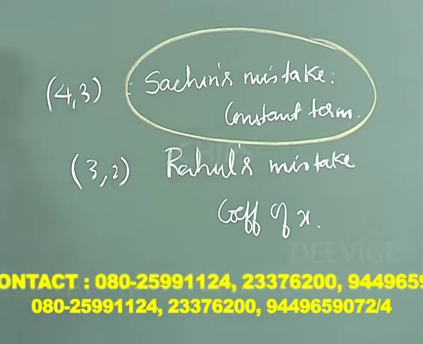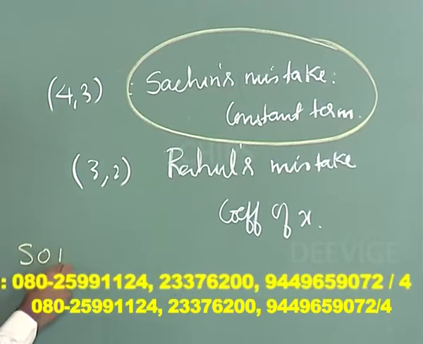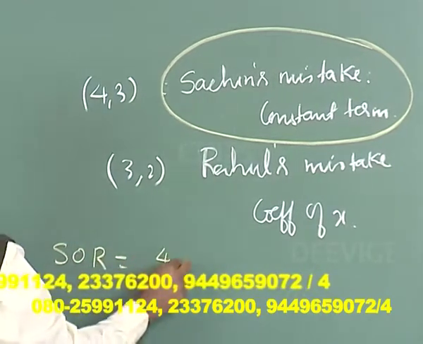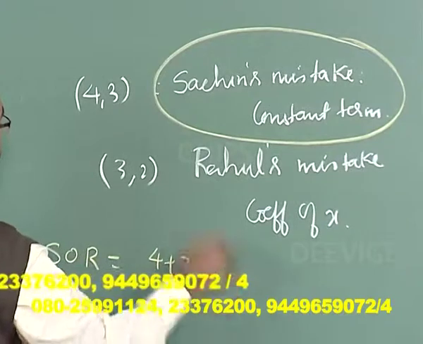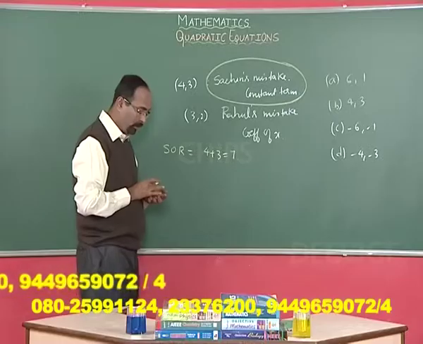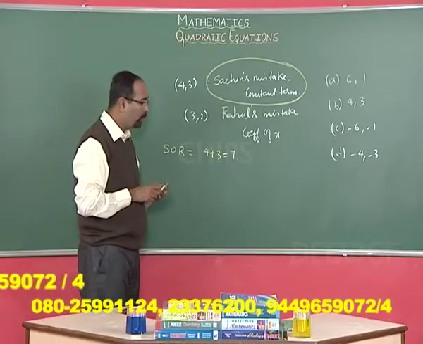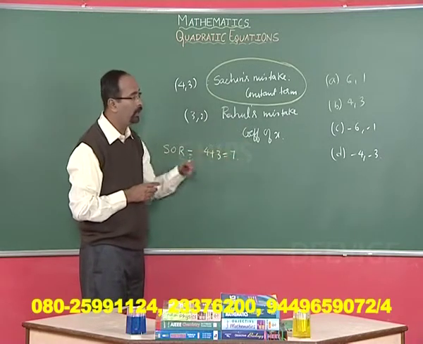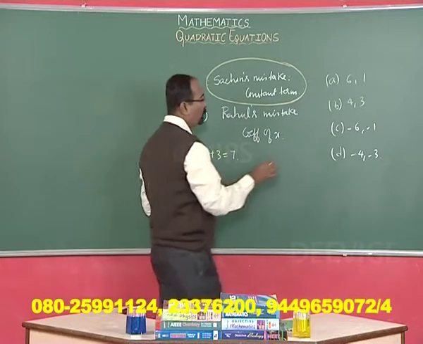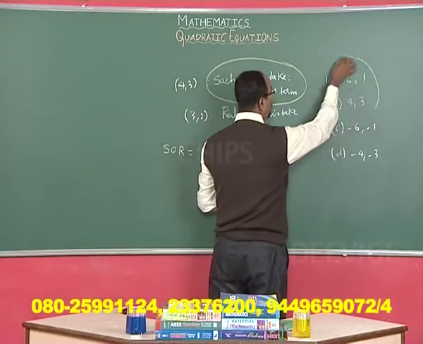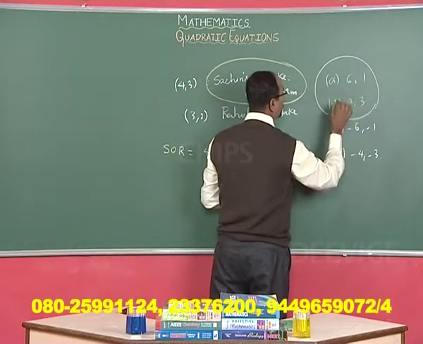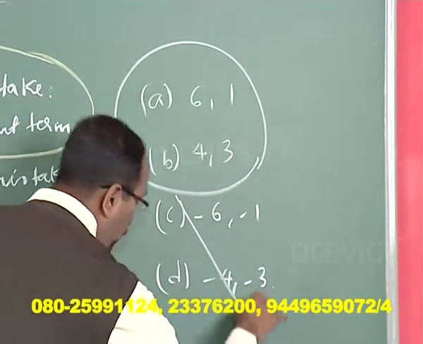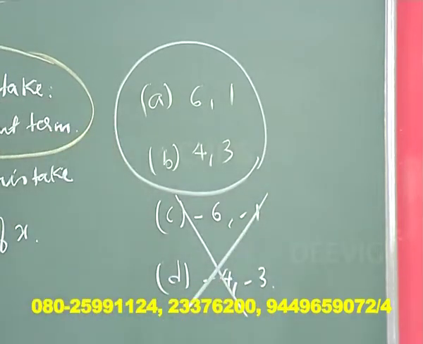Therefore, the sum of the roots of the quadratic equation must be equal to 4 plus 3, that is equal to 7. Now wait, we got one piece of information, the sum of the roots is 7. Don't read the next part. Which of these four will give you the sum of the roots as 7? Only option A and option B. Option C and option D are giving minus 7, therefore they are not correct.